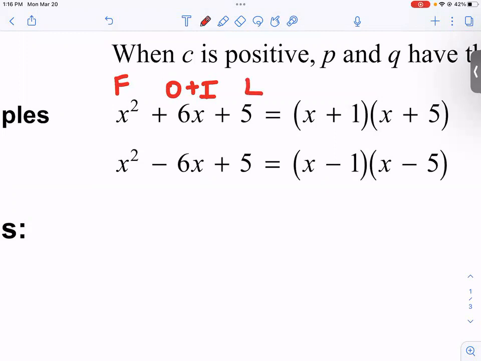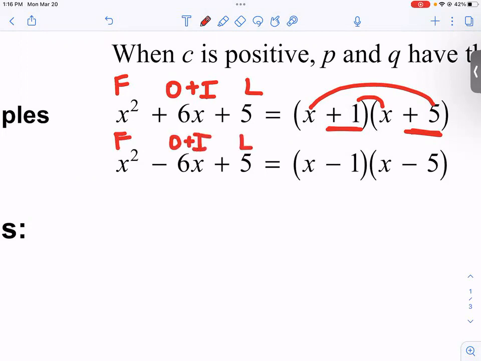So we're trying to think of numbers to place here where when I FOIL our last term, so 1 times 5 gives us this 5. But when we FOIL the outside and the inside, 5 times x, 1 times x are going to add together to get this number. Okay. Same thing here.